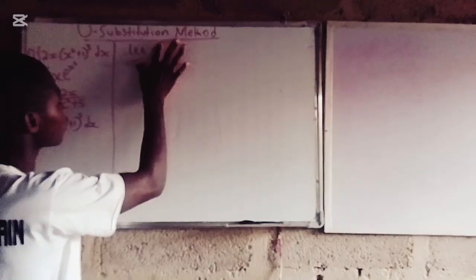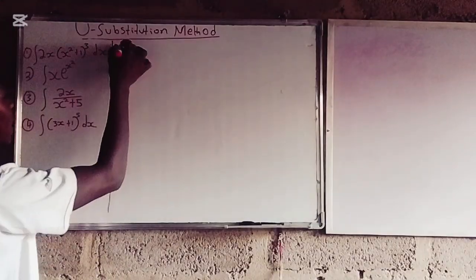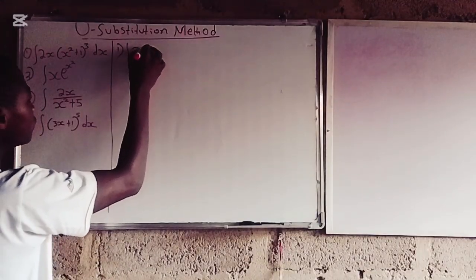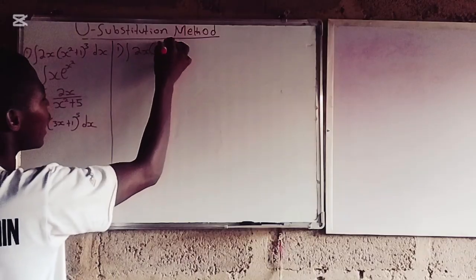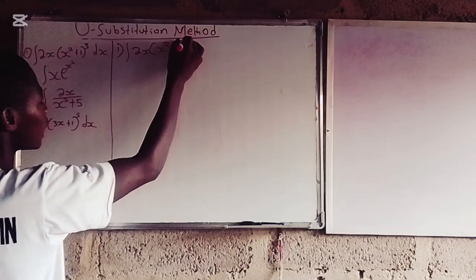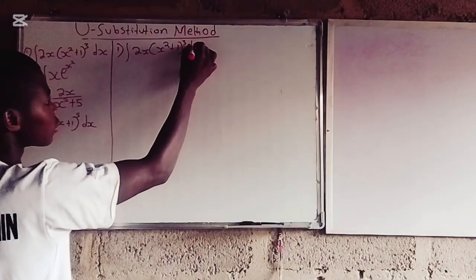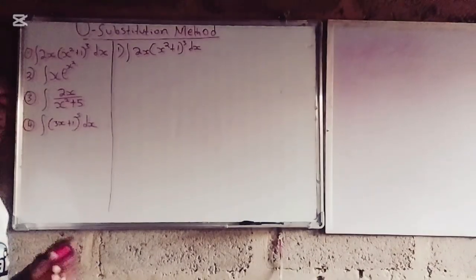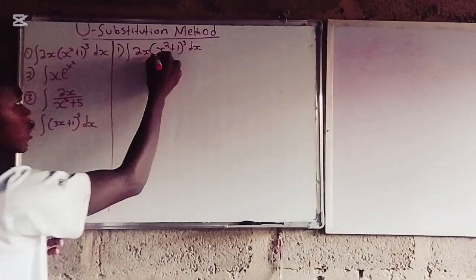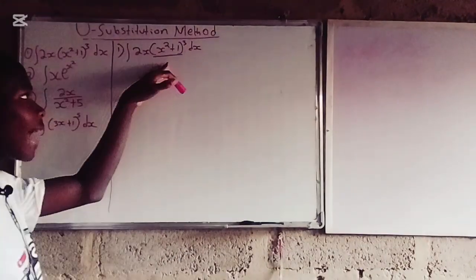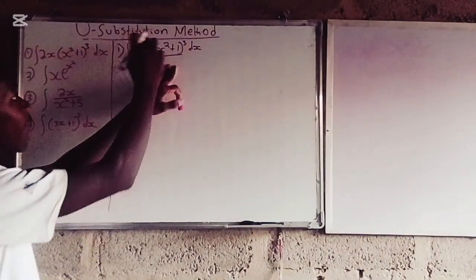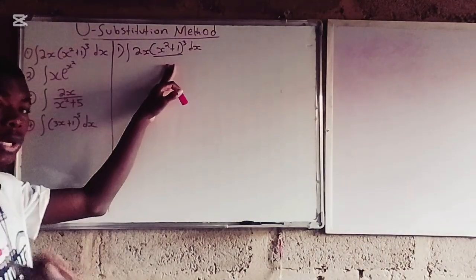So let's take the first problem. It says the integral of 2x (x squared plus 1) cubed dx. The first thing that I'm going to do is let this be U, because if I differentiate x squared, I will get 2x.